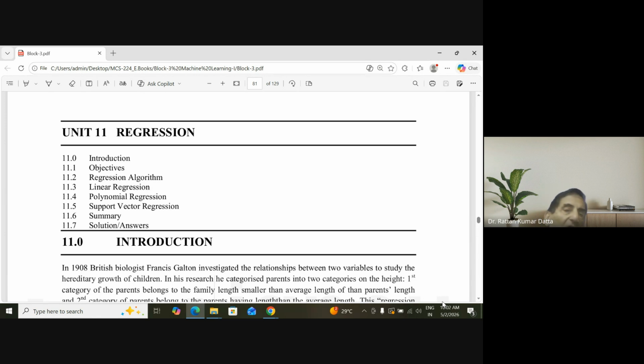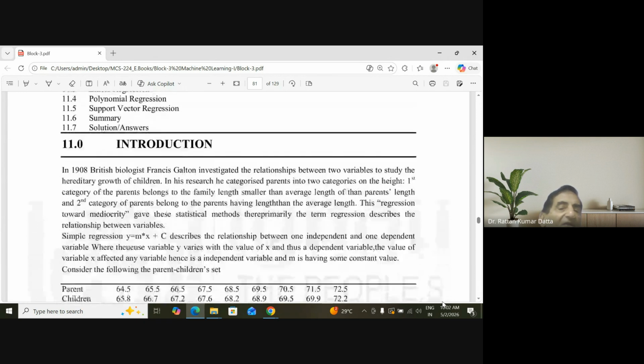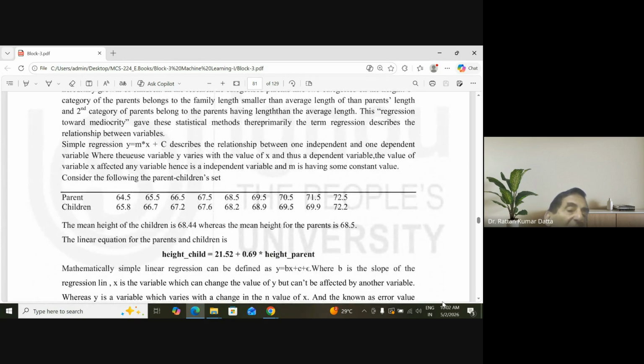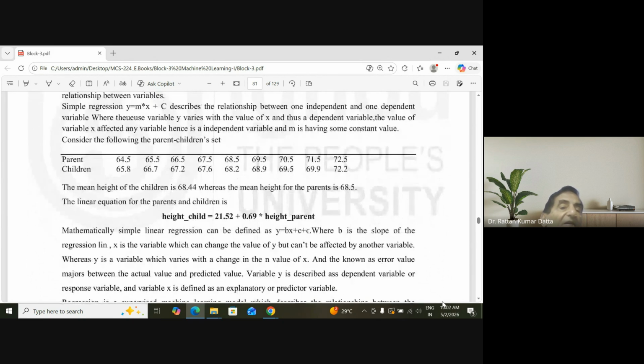Okay. So this is about regression. Regression algorithms: linear regression, polynomial regression, support vector regression. These are the things which you know in statistics. For example, the height of parents and the height of the child.